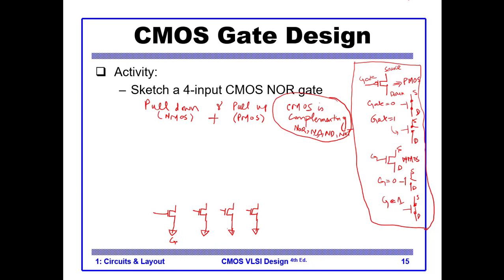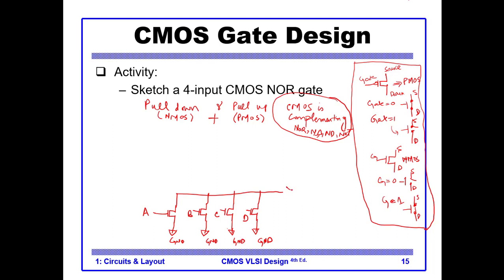So this is ground, ground, ground, ground, and they are connected to, for example, A, this is connected to B, it's connected to C, this is connected to D, and all these are then connected to our output.